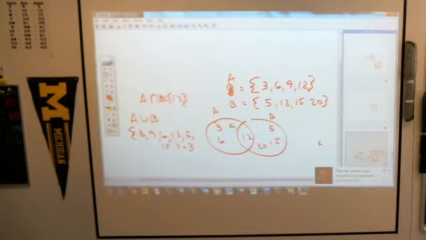And then look at letter H. Let's just wrap this up with letter H. What does that say? The intersection of all parallelograms and all trapezoids. John, how would all parallelograms and all trapezoids be related?